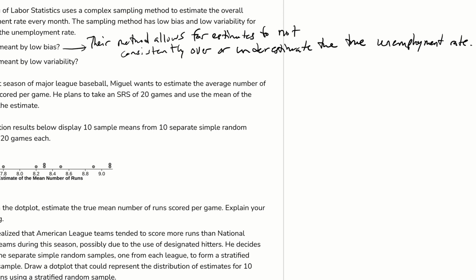Meaning, if you use their method, you're going to come up with an estimate for your sample that is not necessarily going to consistently overestimate, or consistently underestimate the unemployment rate. Okay, so it's going to be pretty much close to being on target, right? So there's not going to be that bias there.